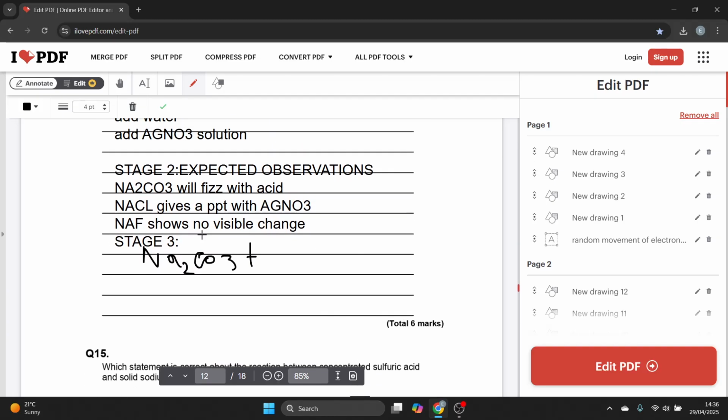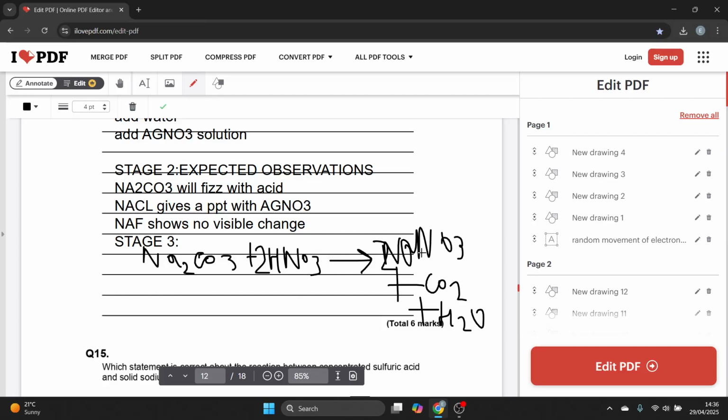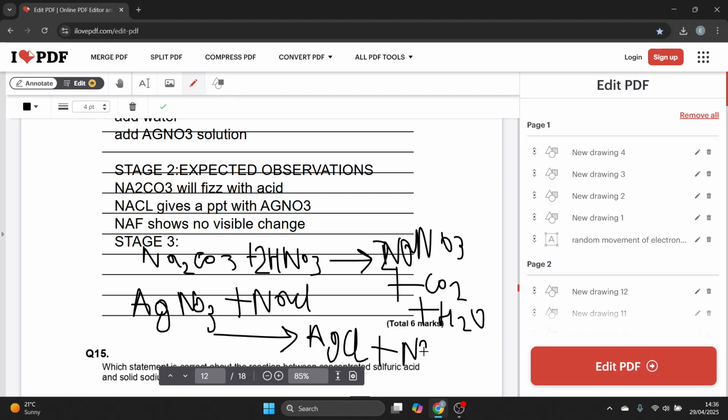So plus HNO3, I'm going to form NaNO3. I'm also going to form CO2 and H2O. And therefore I need a 2 here, because I've got 2 sodiums there, I need 2 here. And I also need a 2 here, so I've got 2 NO3s on both sides. And then the other one, which is very simple, sodium chloride plus AgNO3, I'm just going to form AgCl plus NaNO3.